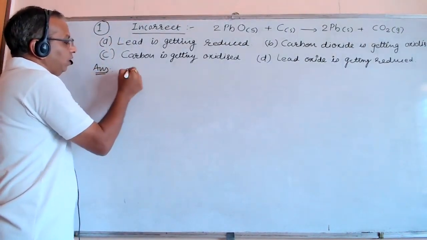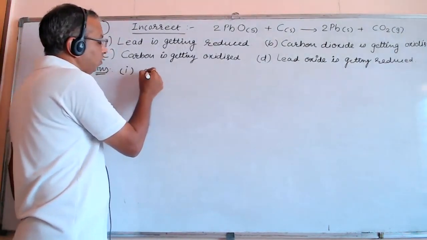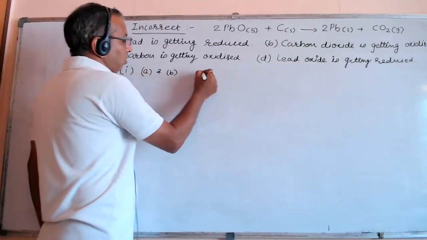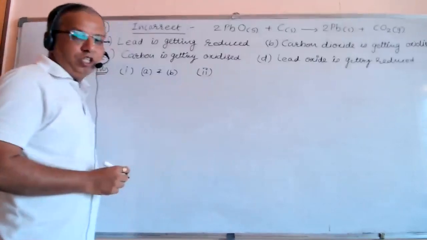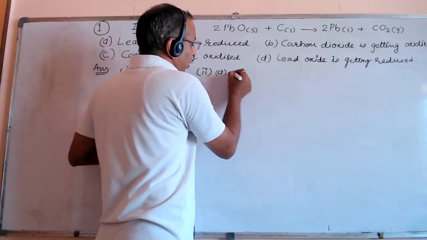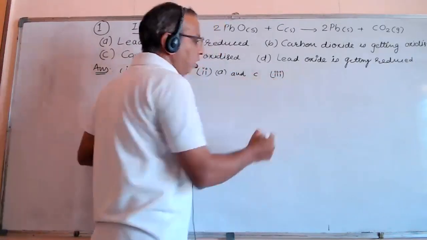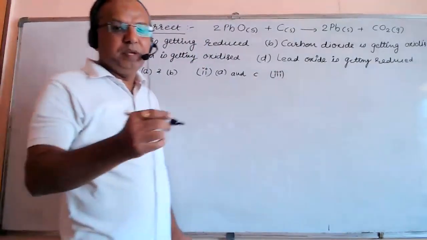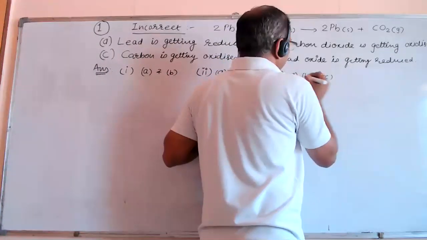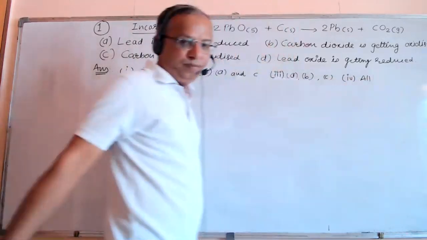Answers are given here. Option 1, friends, is A and B. The second option is A and C. The third answer is A, B, and C. And the fourth answer is all.